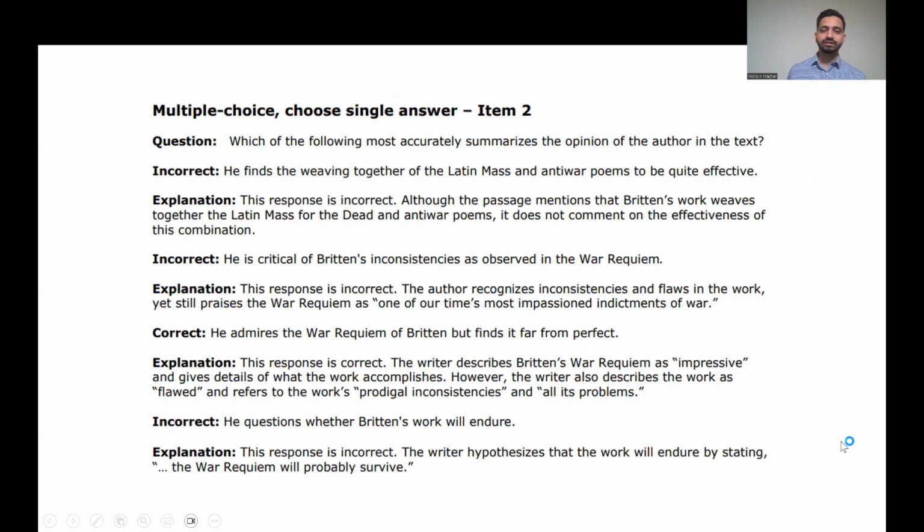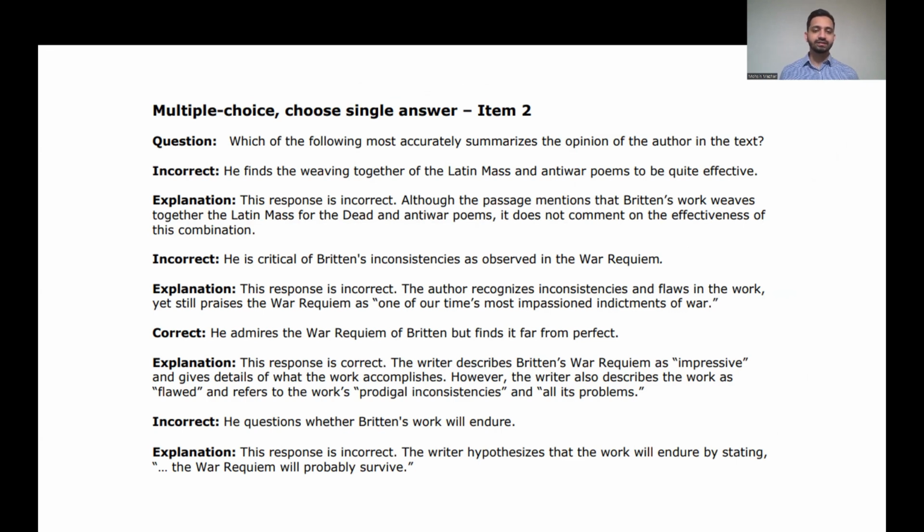So we're going to read the explanations here. The first option here obviously is he finds the weaving together of the Latin Mass and anti-war poems to be quite effective. The response is incorrect. Although the passage mentions the Britain's work weaves together Latin Mass for the dead and anti-war poems, it does not comment on the effectiveness of this combination. So as I discussed earlier, it doesn't really comment on the effectiveness of this combination, right?